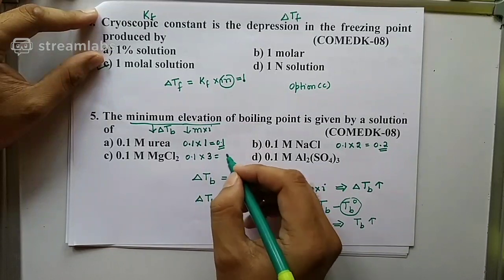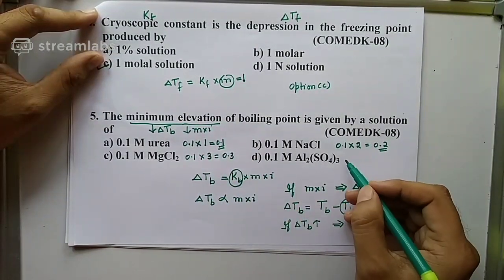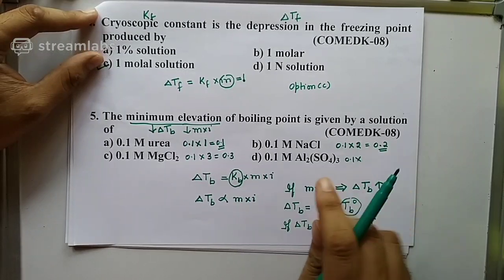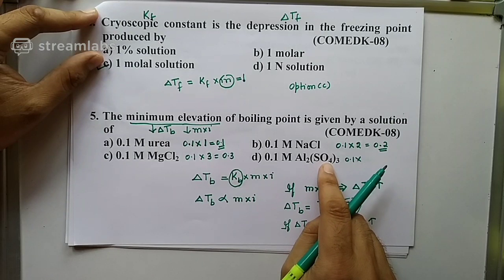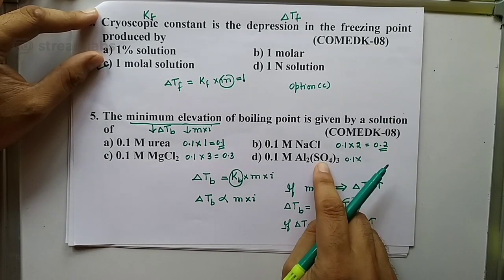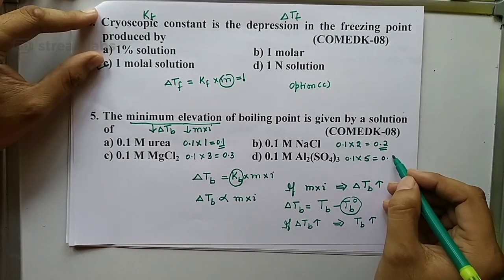So this is 0.3. Now for aluminium sulfate, 0.1 multiplied by the Van't Hoff factor: it dissociates to give 2 Al3 plus and 3 SO4 2 minus, so the total number of particles produced is 5. So this is 0.5.